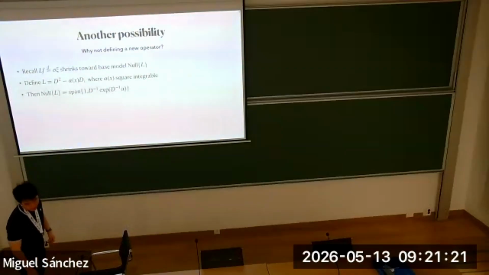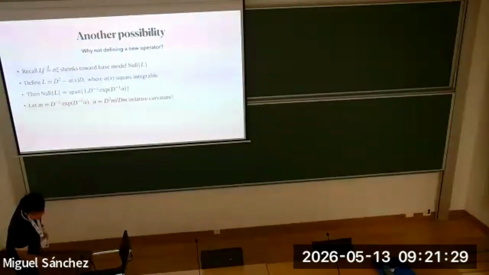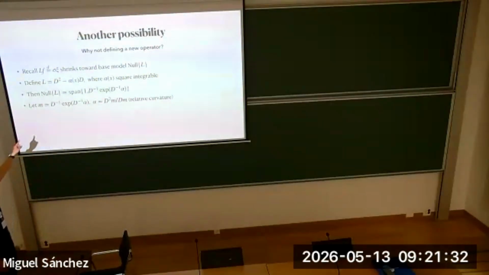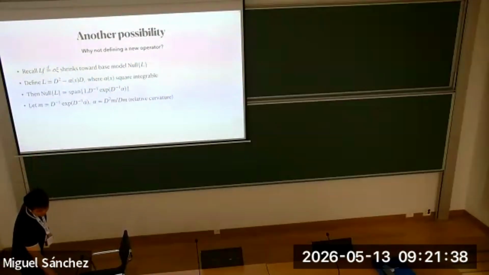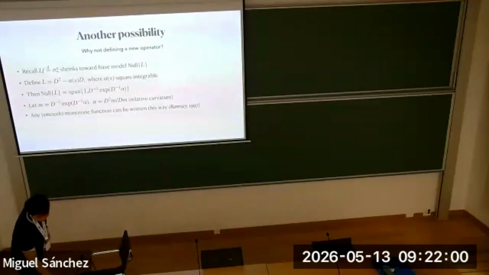then if you compute what the null space looks like, which is what the base model looks like, it is the span of one of this type and this type of functions. If you call it M, then it's easy to see alpha there. When you started in your construction, it's just the relative curvature. It was back in 1997 when Ramsey first proved that almost any smooth function, by smooth I mean continuously differentiable, monotone functions, can be written in this format, as one solution to a certain choice of alpha x defined equation.